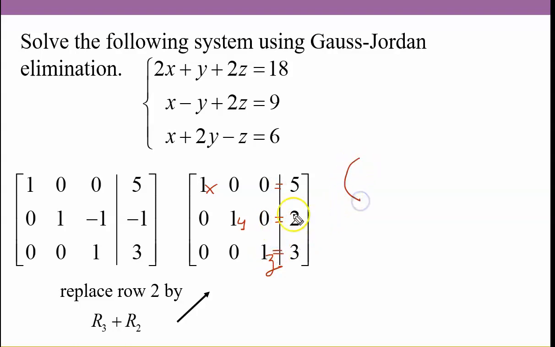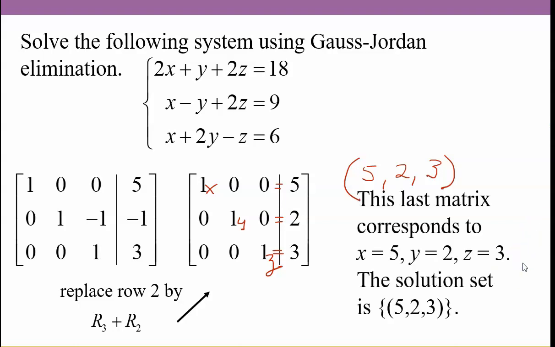So we get our set then. X is 5, y is 2, and z is 3. And that's what we had before. And let's just see what they're showing us here. And there is our answer.